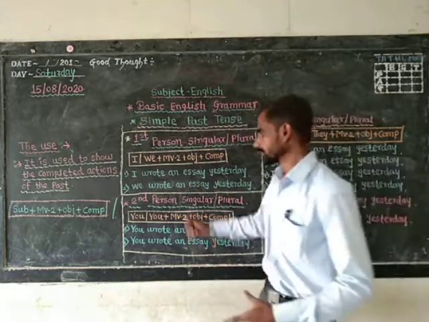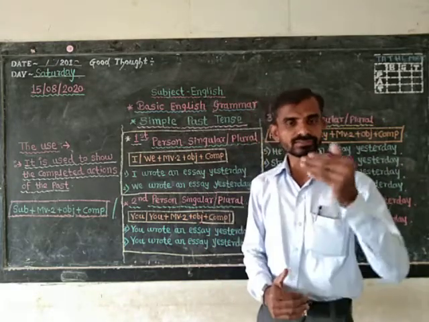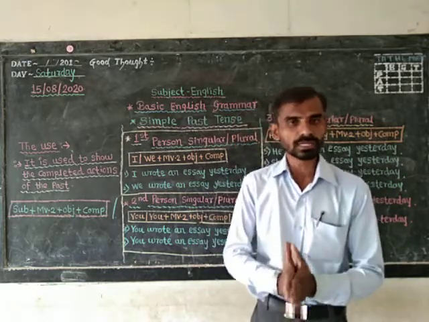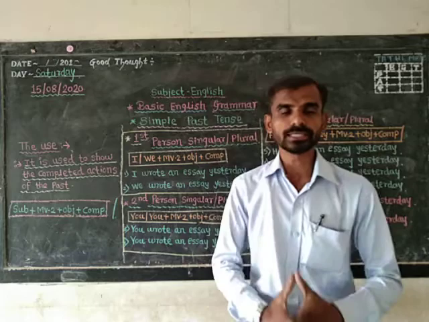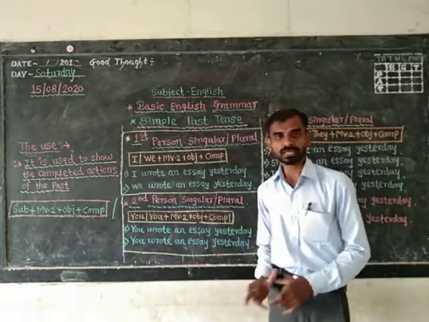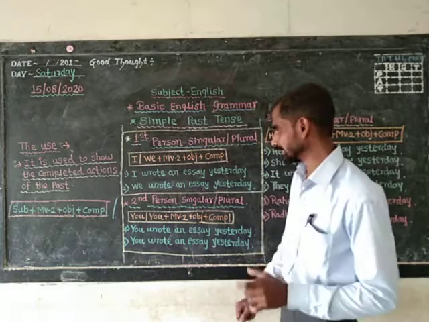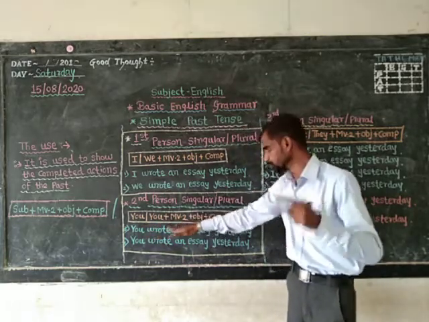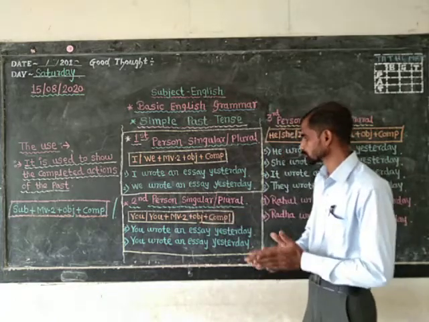Now we know better that you is commonly used for second person singular as well as the plural case. Therefore the subject will remain as it is and the formula will remain the same. Therefore you, main verb second plus object plus complement.